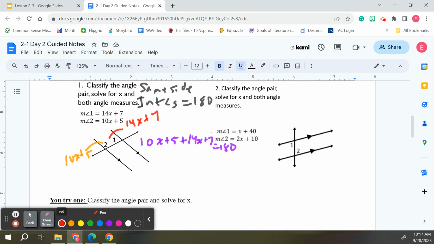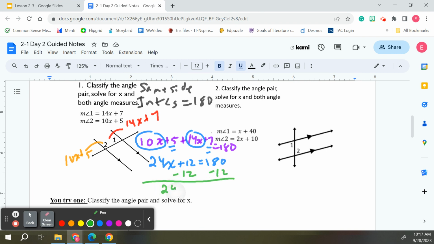All right. From here, I'm going to combine my like terms. I have a 10x and a 14x, which will be 24x. I'm going to add the 5 and the 7, leaving me with plus 12 equals 180. I will then subtract the 12 from each side.